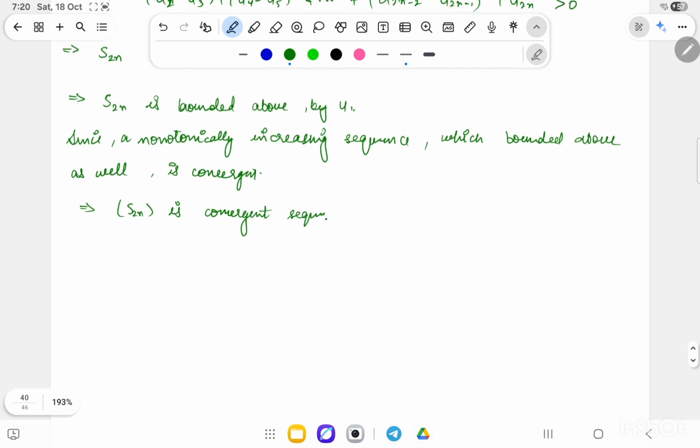Sorry, it is a convergent series, because it is the sum of all the terms.